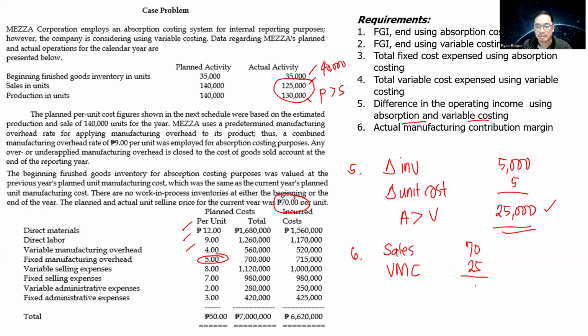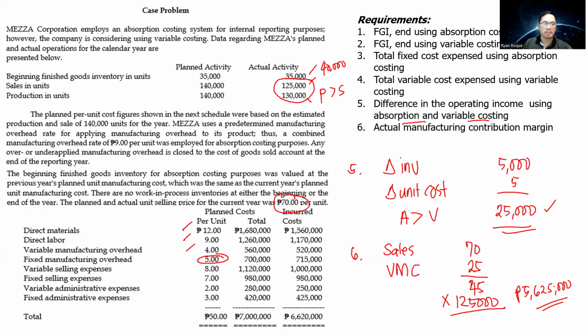So the difference in the unit cost would be 45, and multiply it with the number of units sold, which is 125,000. So 45 times 125,000 would give you 5,625,000. So that is the actual manufacturing contribution margin.